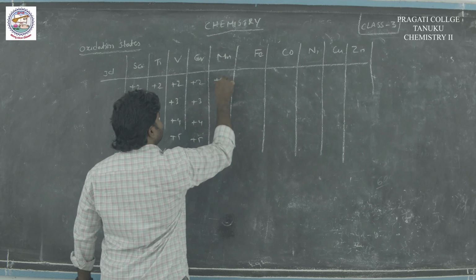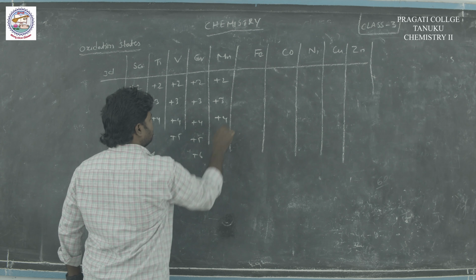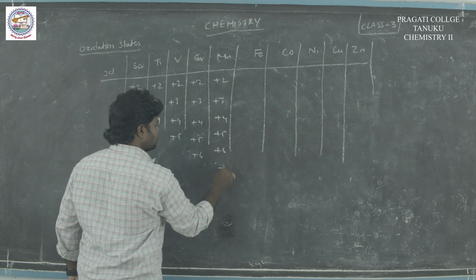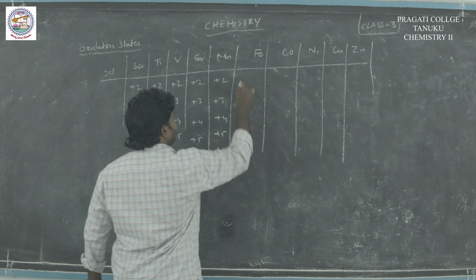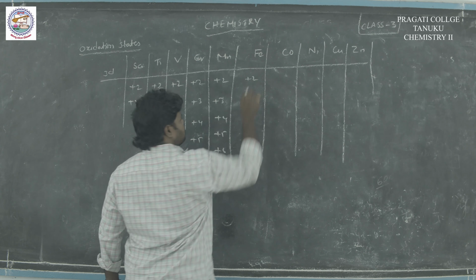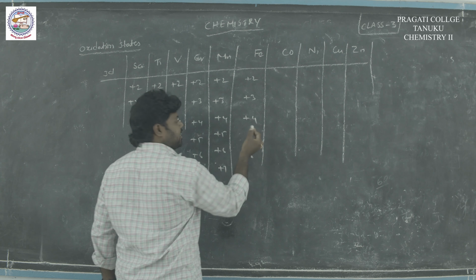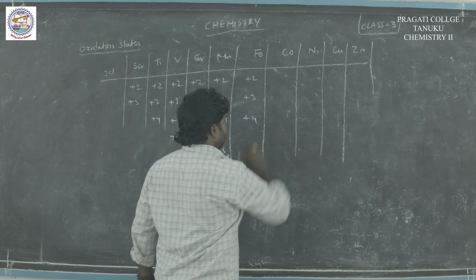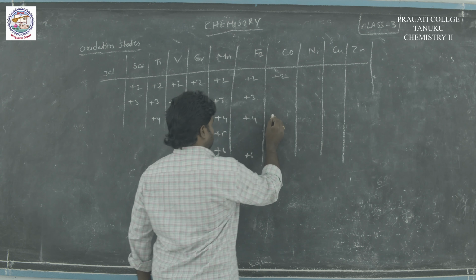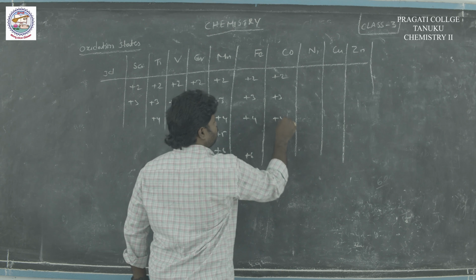Manganese exhibits +2, +3, +4, +5, +6 and +7, and iron exhibits +2, +3, +4 and +6 only, it does not exhibit the +5 oxidation state. Cobalt exhibits +2, +3 and +4 only.